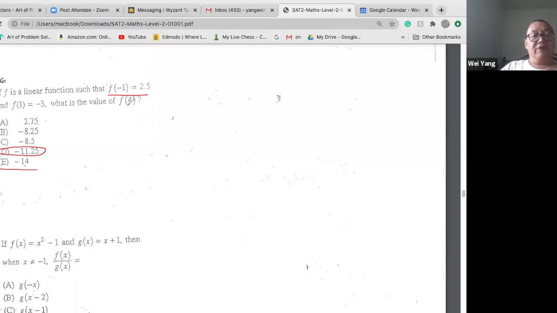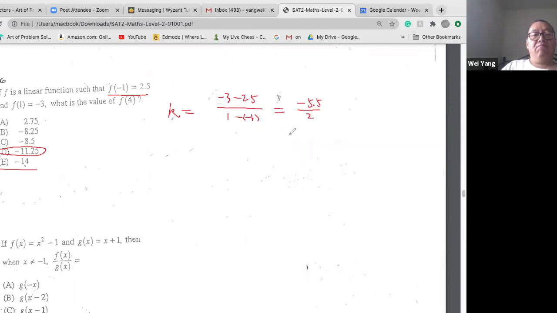So first, actually here they give you 2 points. You can find the slope first. Slope will be negative 3 minus 2.5 divided by 1 minus negative 1. So you got negative 5.5 divided by 2. This is the slope.